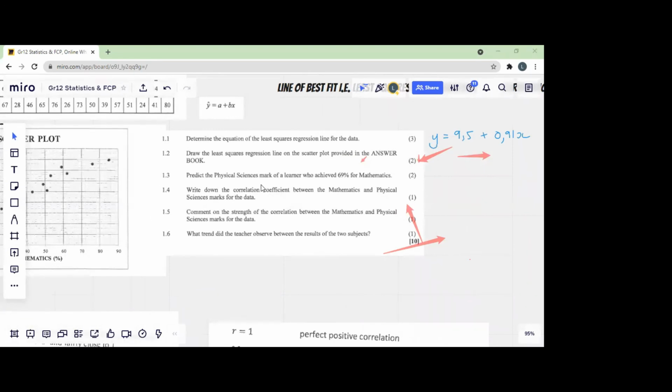Write down the correlation coefficient between the maths and the physical science marks. That was the R on the calculator. Anybody get a value for R that they want to share with us? What did you get R to be?